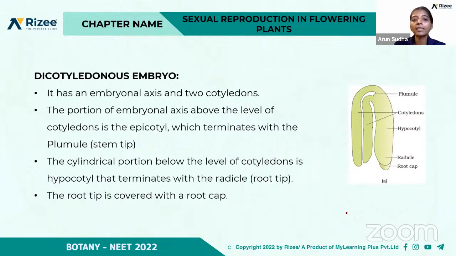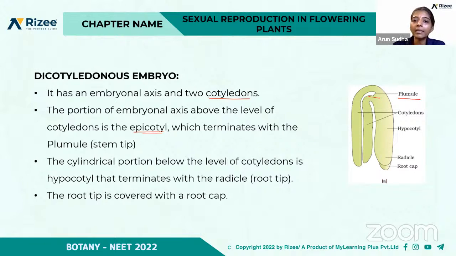And if you see the structure of a dicotyledonous embryo, it will have two cotyledons, right? So it has an embryonal axis and two cotyledons, and the portion of the embryonal axis which is above the level of the cotyledon is called the epicotyl. That will develop into a plumule, which grows into a shoot or a stem, right?